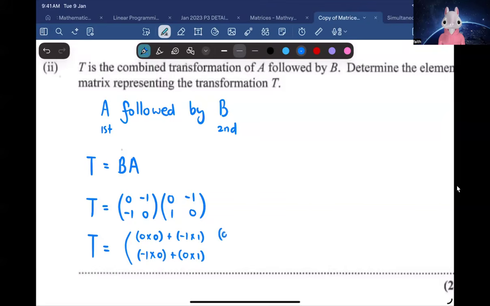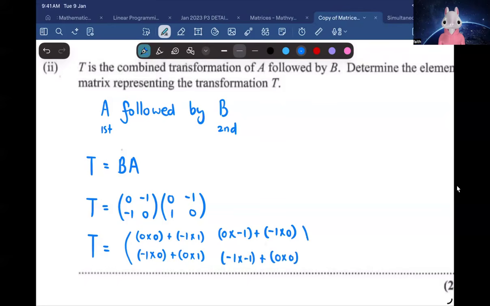0, which will be 0 by negative 1, and negative 1 by 0, right? Then negative 1 by negative 1, and 0 by 0.